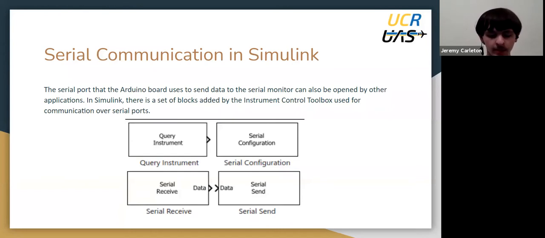You can see some of the blocks in the image on the slide. The serial configuration block defines how the Simulink model will communicate over the desired serial port. The serial receive block outputs data received from the desired serial port, and the serial send block sends data from its input through the desired serial port.